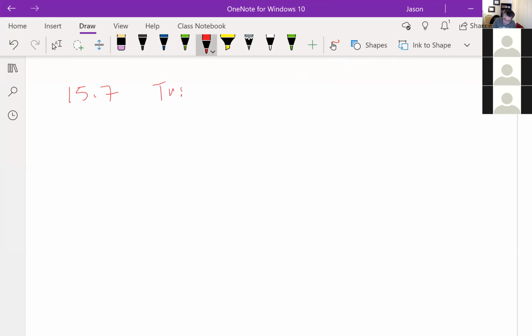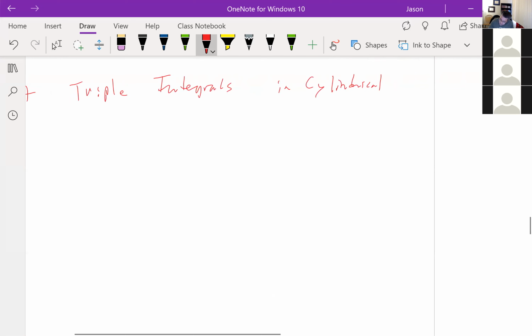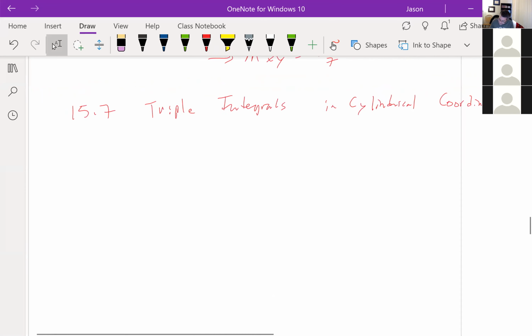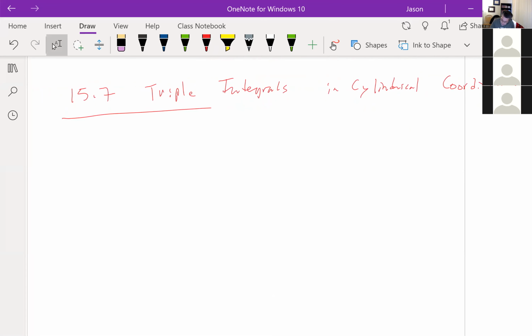Okay, 15.7, triple integrals in cylindrical coordinates. Cylindrical coordinate conversion.